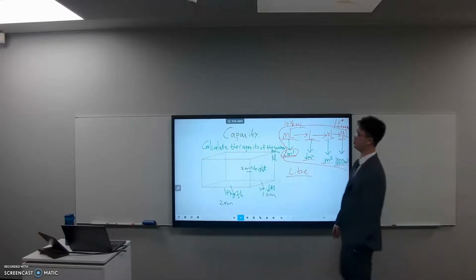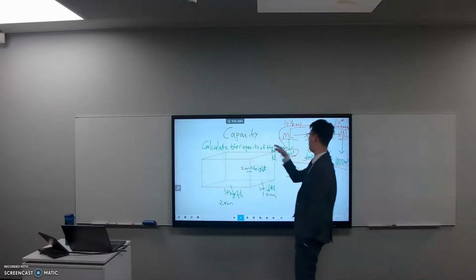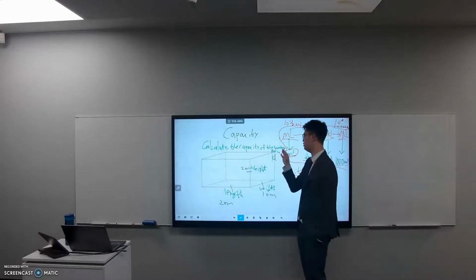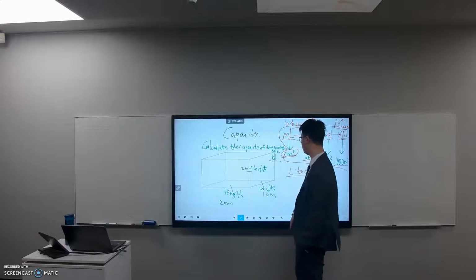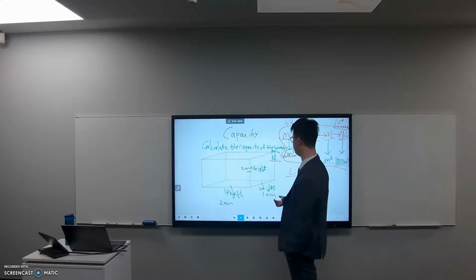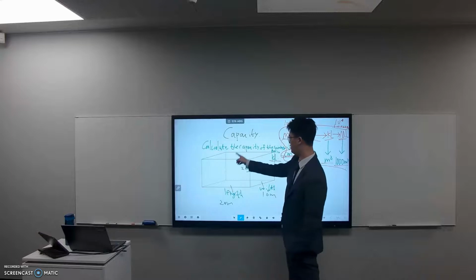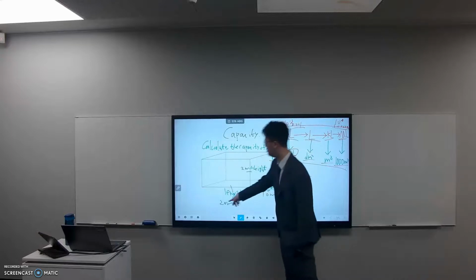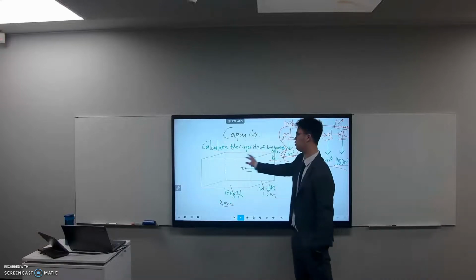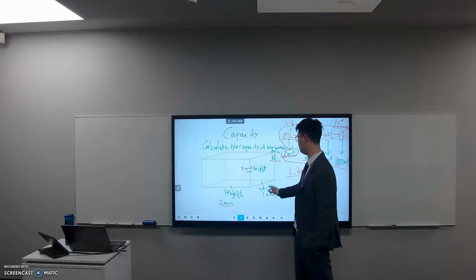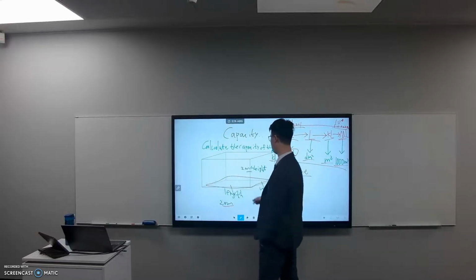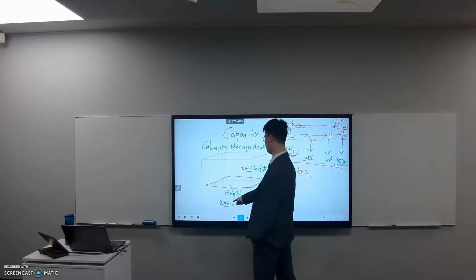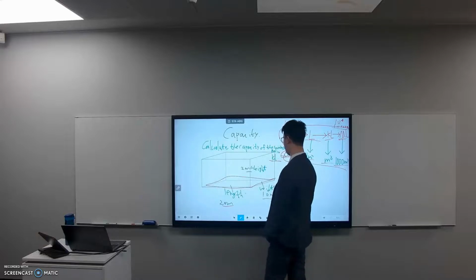And then look at this question. Calculate the capacity of the swimming pool in kiloliter. See, it's asking you for kiloliter. And then you can see that this is a water pool, and this is the width. This is a rectangular prism, so we need the base area, which is a rectangle, and the length of the rectangle is 20 meters, and its width is 10 meters.